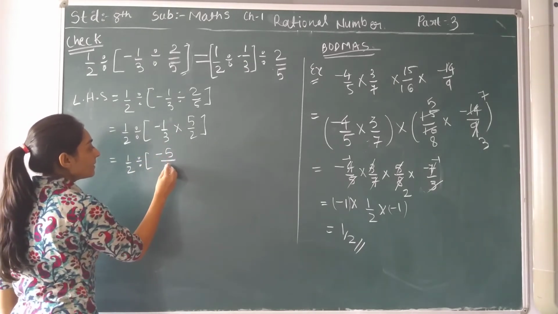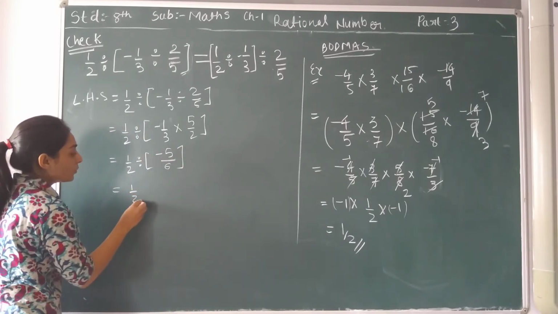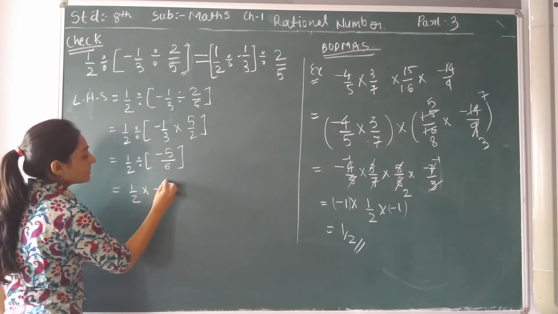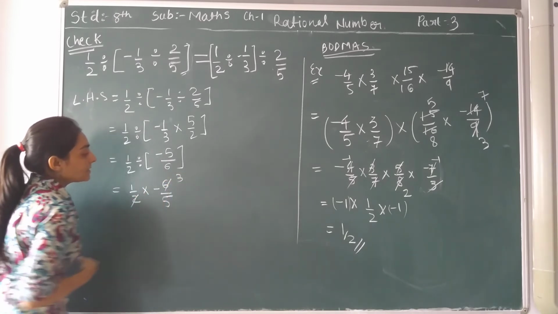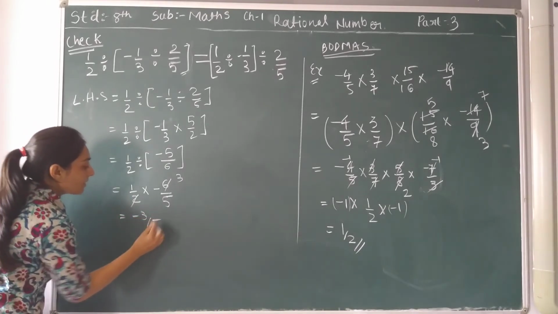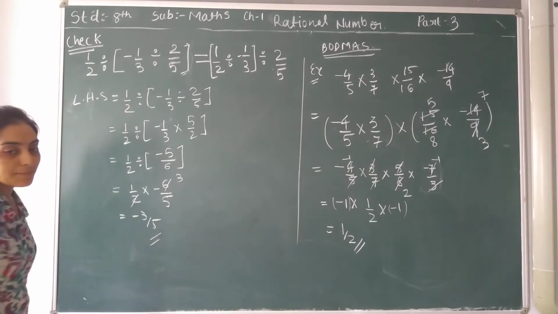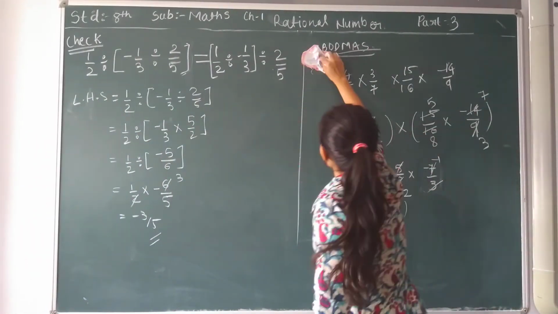Minus 5 and 6. Now take the reciprocal, 1 upon 2 minus 6 upon 5. 3 gets cancelled. So the answer is minus 3 upon 5.